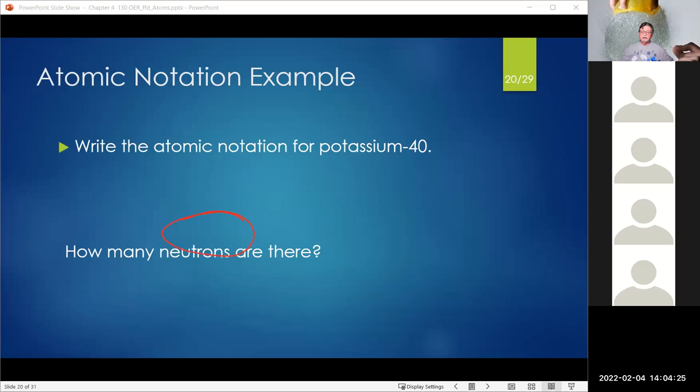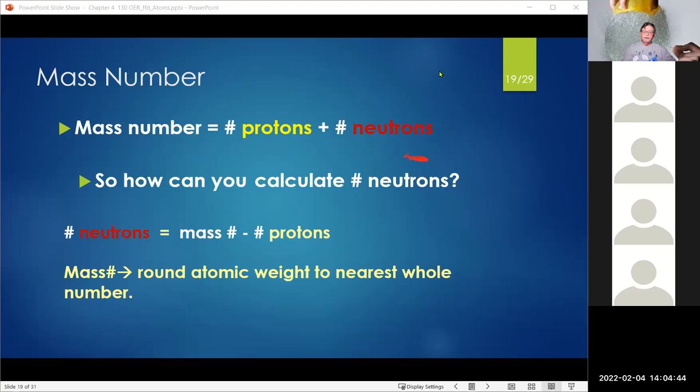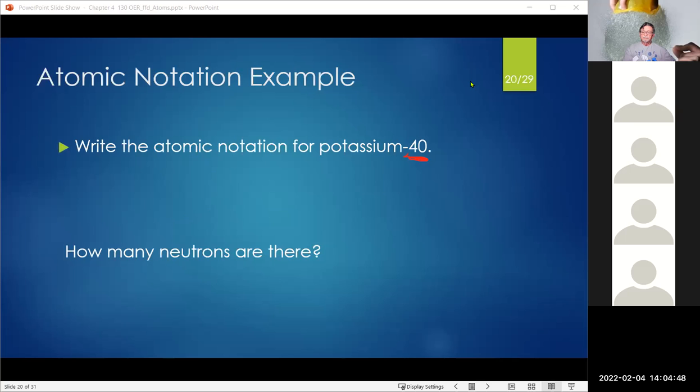For example, let's take a look at this. Here they're saying, write the atomic notation for potassium 40. Well, whoa, they're telling you that bit of information. They gave it to you, okay? They're telling you what the mass number is right there.